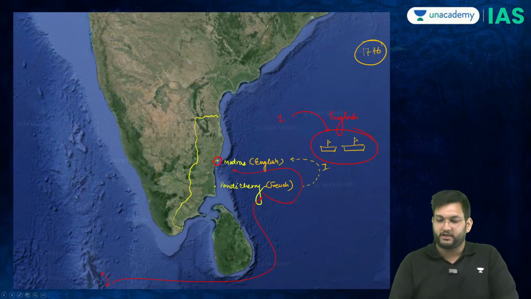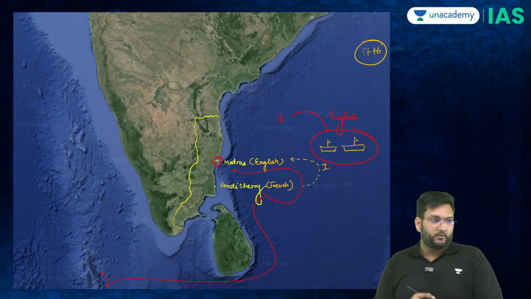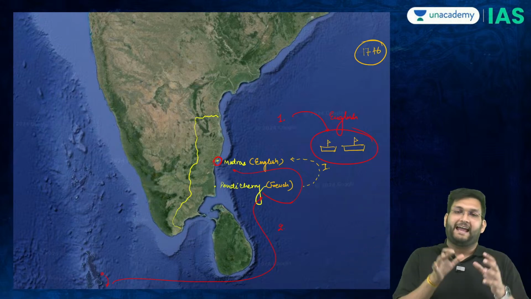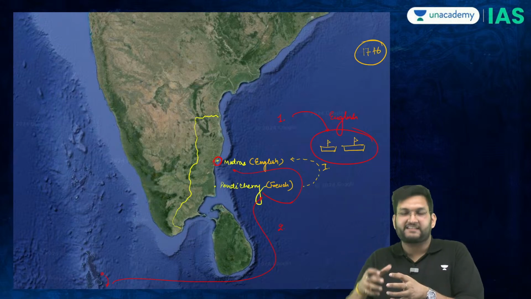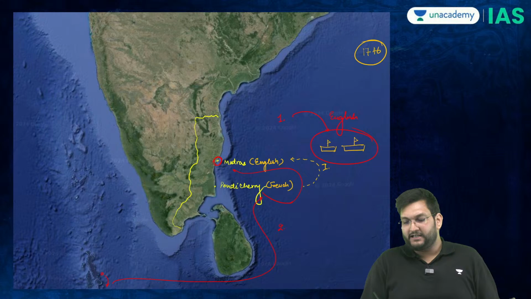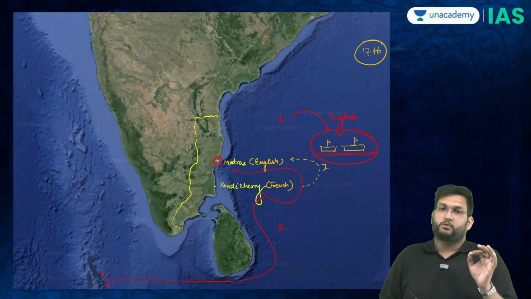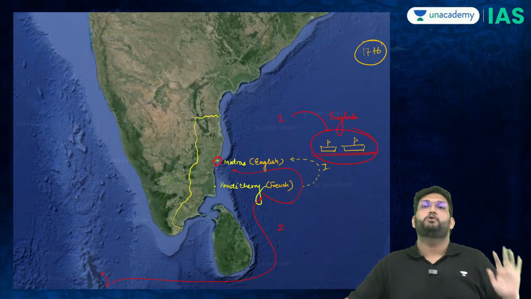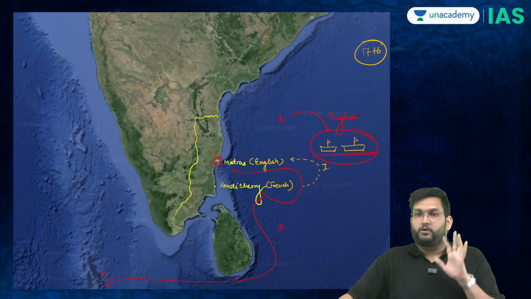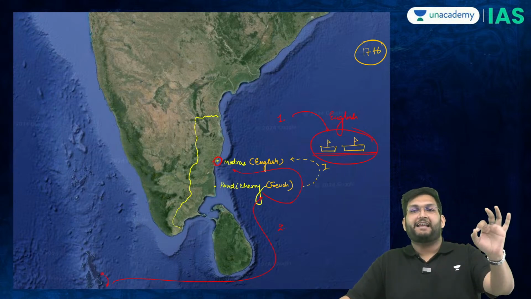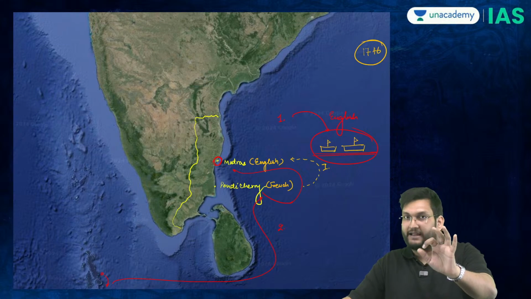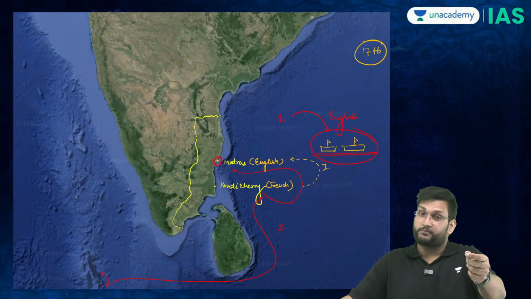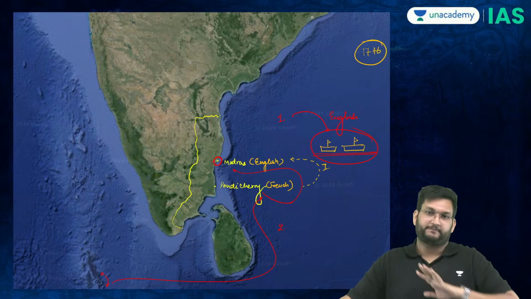Fort St. George has been captured by La Bourdonnais and Dupleix. They said, we did not want any aggression. Now that you are showing aggression, this is what we are going to do. So Madras has been captured by the French, a very important port of the British.